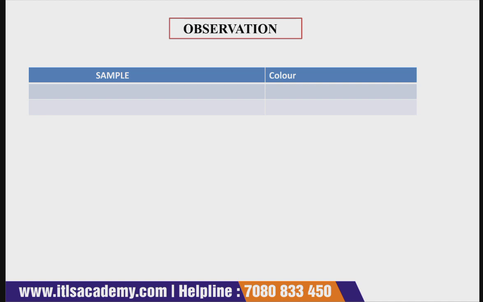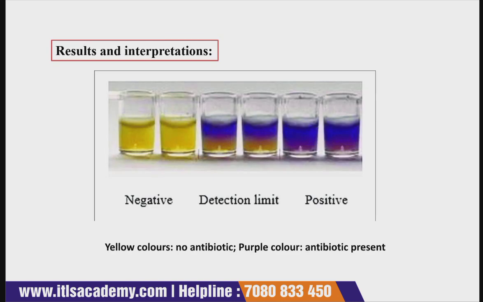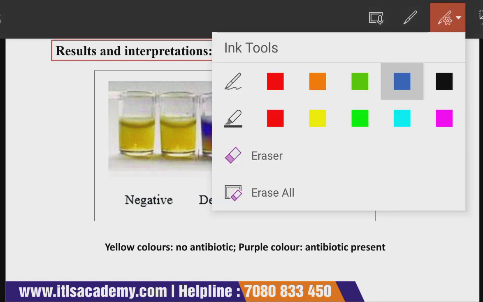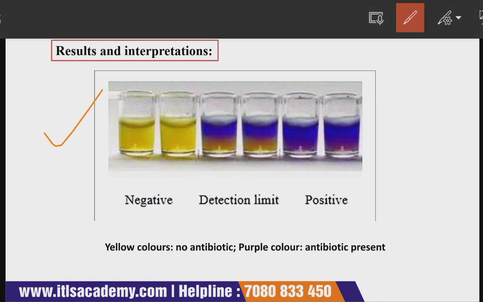Further, you should make an observation table like this. Here you put your sample name and the color. So as you can see the result and interpretation, this is the type of result you will get. In the first image, it is yellow, so yellow shows that no antibiotic is present.